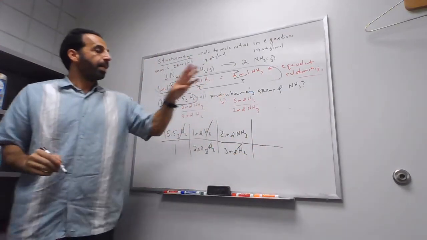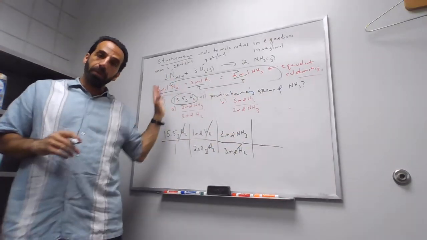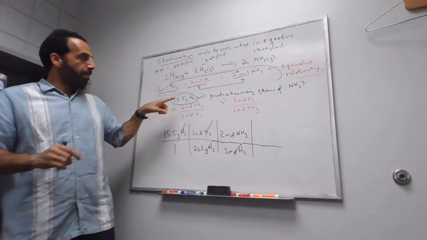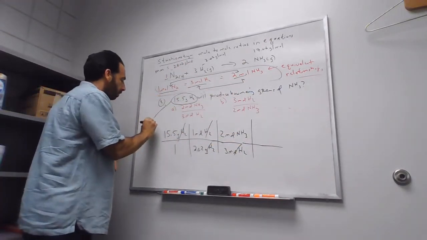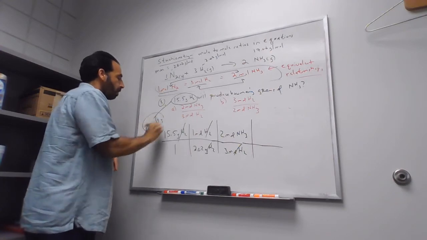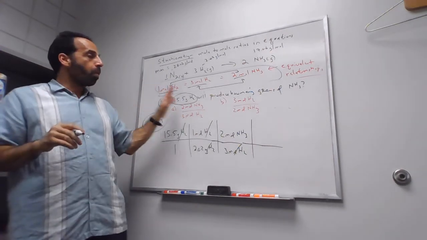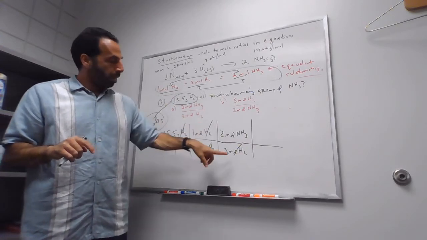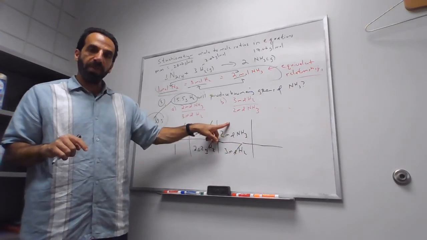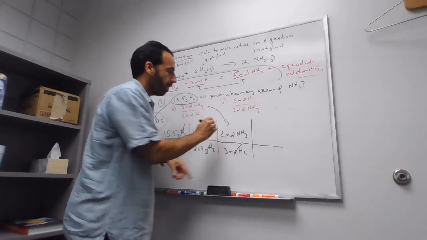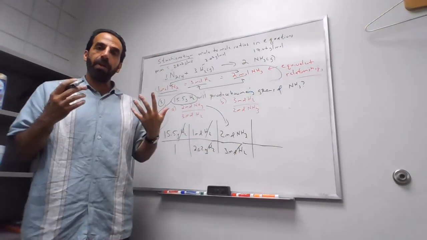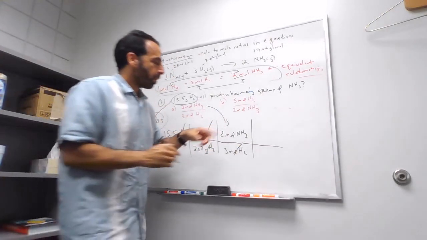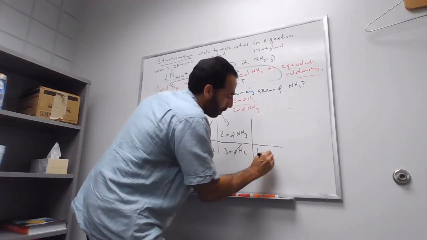And then finally, I can go from moles to grams. Again, it's a 3-step process. If I give you something in terms of grams, always convert to moles, because that's the only way I can use a mole to mole ratio. So 3 moles of H2 will form 2 moles of NH3. So basically, I'm using this unit factor, and then I got to convert it back to grams. So again, I use the molar mass.